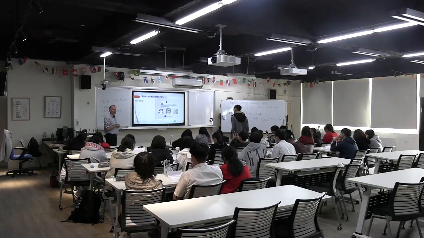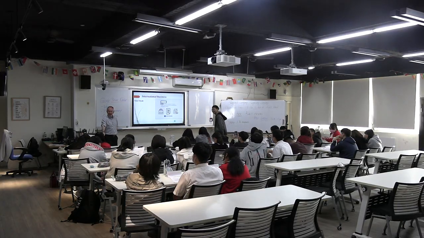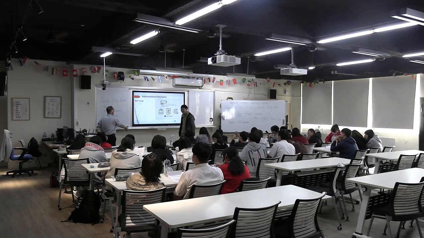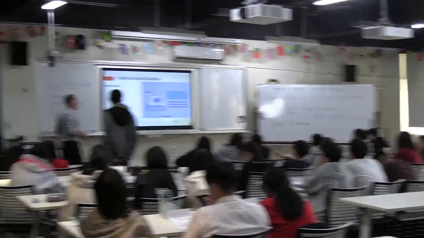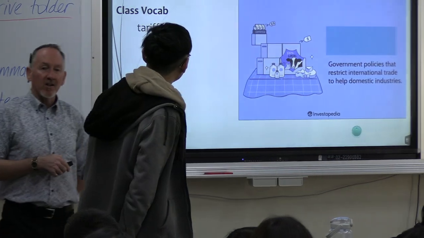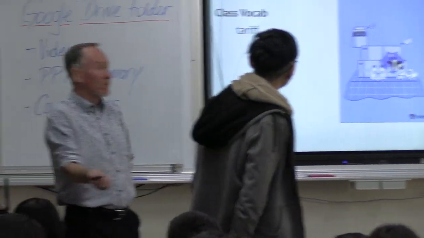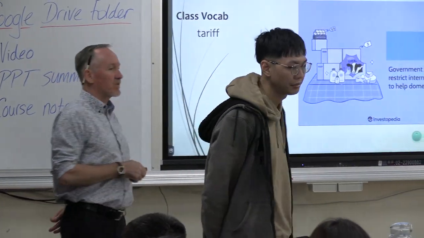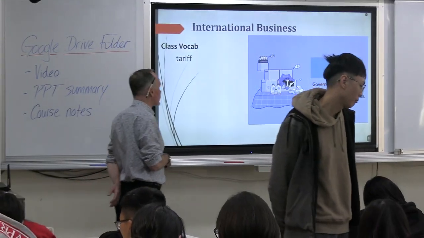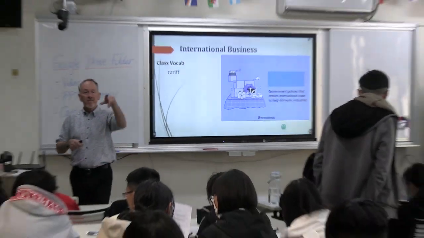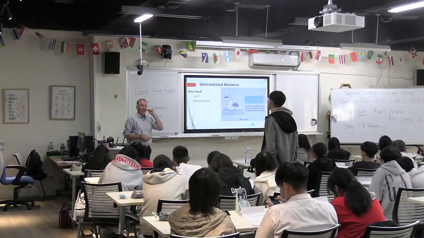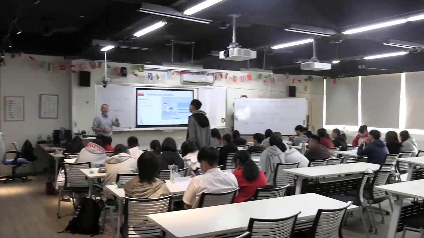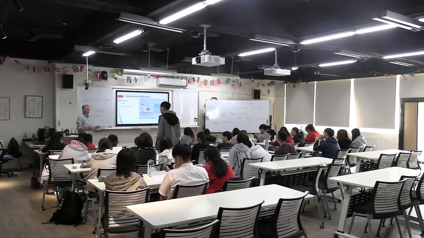Any ideas? Tariff. Good. All right. Let's go to this one. Government policies or rules that restrict international trade. So, yeah. Very good. Protectionism. Okay. Let's take a break there, guys. We'll finish this up when we come back.